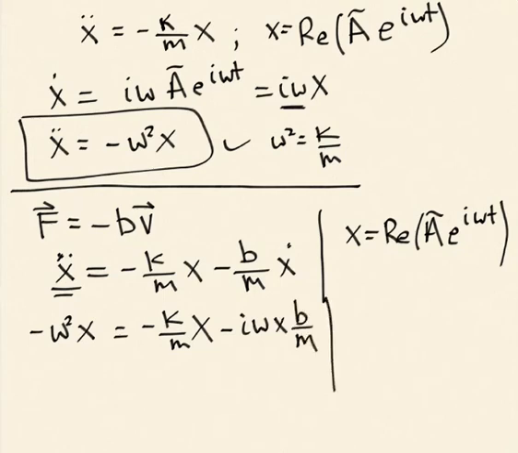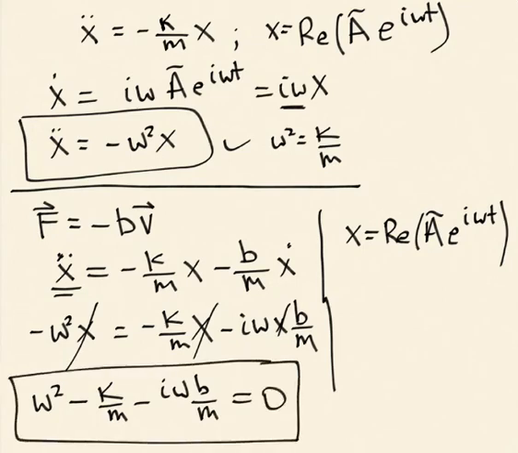Now I see that this guess of a complex exponential is a solution if the coefficients of all these x's, so I can cancel out all these x's, work out: it will be a solution if omega squared minus k over m minus i omega b over m is equal to 0.